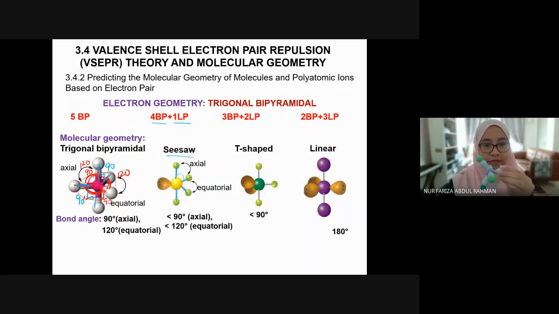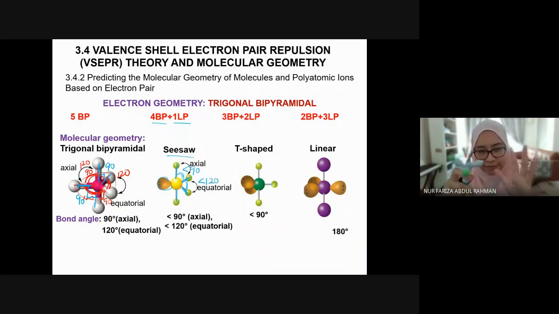Angle. Initially, ideally, this should be 90, right? So since we have a lone pair, it will be less than 90. Between axial and equatorial, it will be less than 90. How about between equatorial and equatorial? It will be less than 120.